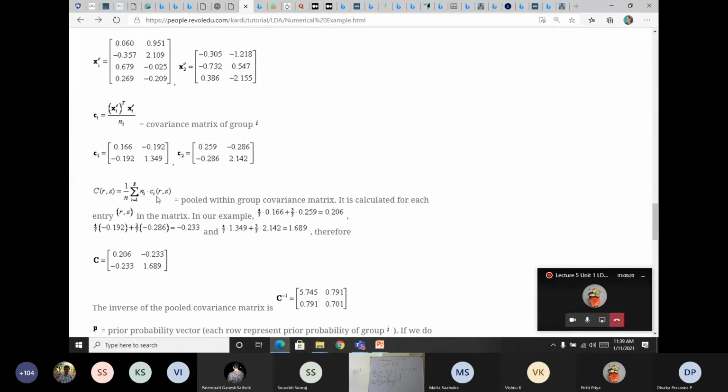And then C of i into this r comma s is basically coming from this covariance matrix only. So if you are doing it for the first group, it comes from this matrix. When you write a plus, I will only write for this portion and I will explain on the board. And then you will get a matrix like this C, and then you have to find the C inverse like this, and then substitute in the formula. So from this part I will write and then explain. I hope it is clear.